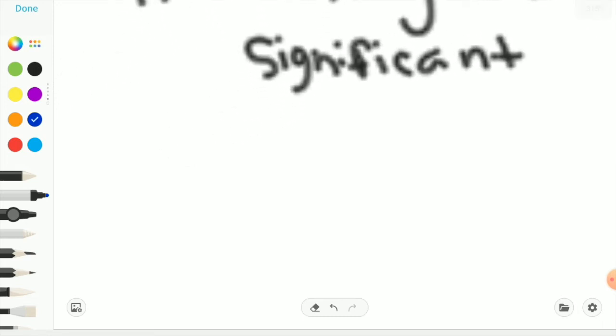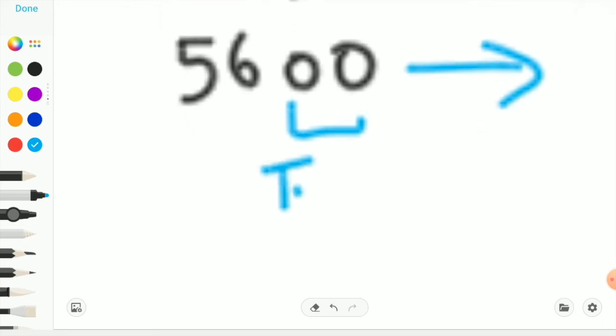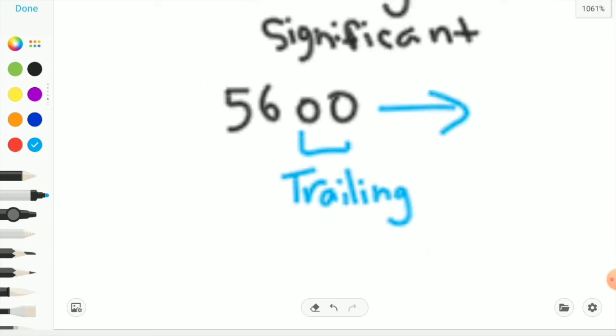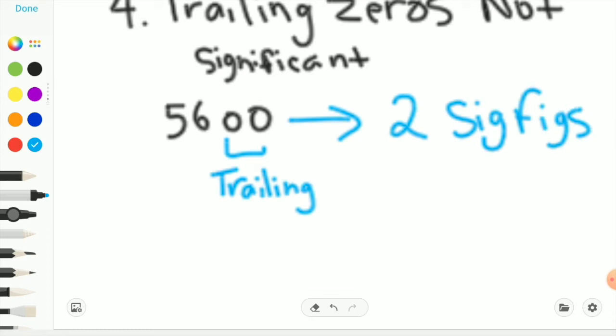So for example, if we had 5, 6, 0, 0, these are called trailing zeros because there's no decimal point and they end with zeros. The only numbers that are significant are the numbers that are not zeros. So 56, so 2 sig figs.